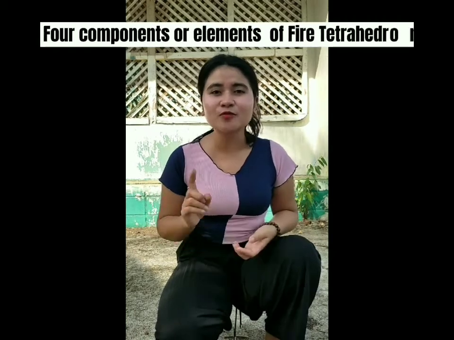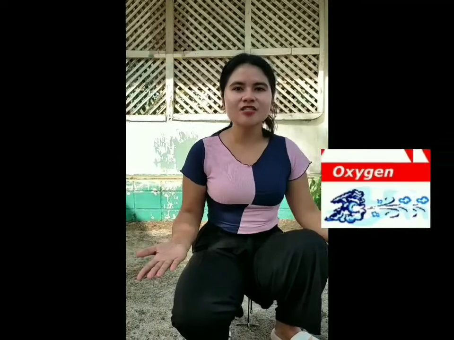In the first video, I demonstrated to you the fire triangle. Now I'm going to demonstrate to you the fire tetrahedron, which is composed of four components: the heat, the oxygen, the fuel, and lastly the chemical chain reaction. As you remember, the fire triangle has three elements, so they will be present in the fire tetrahedron.